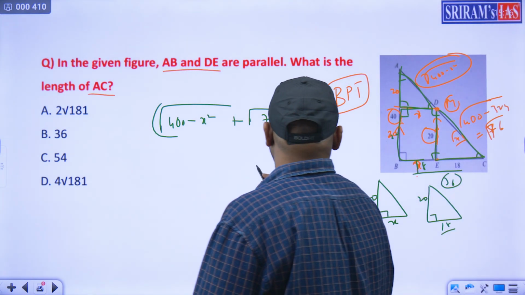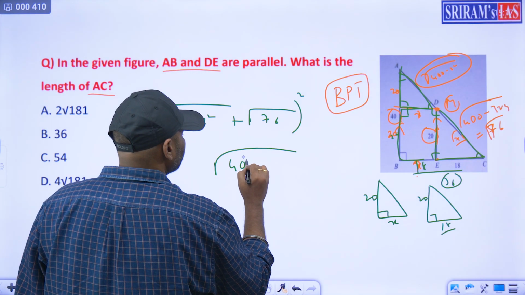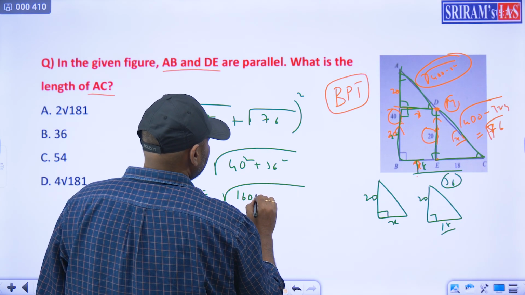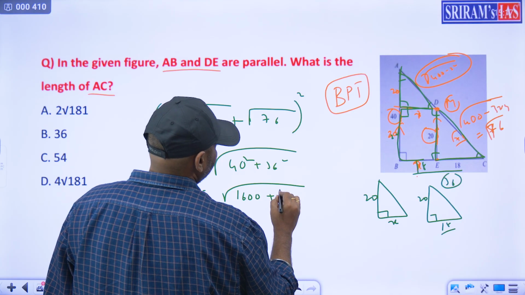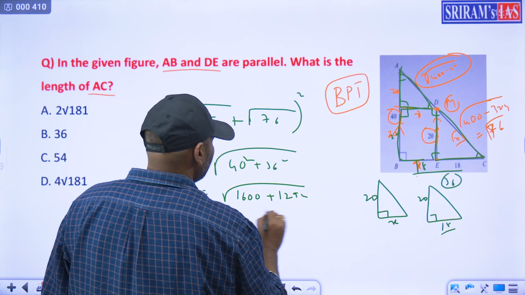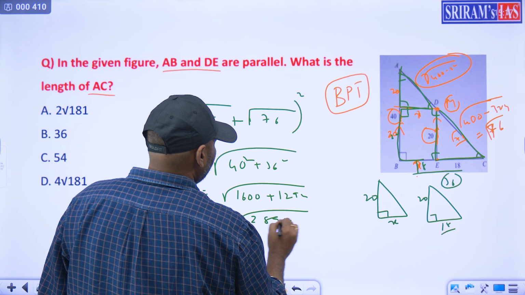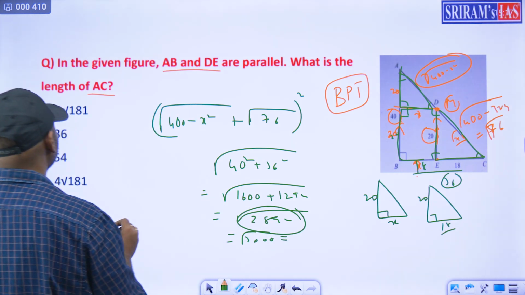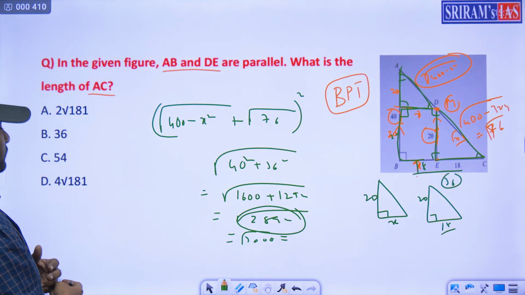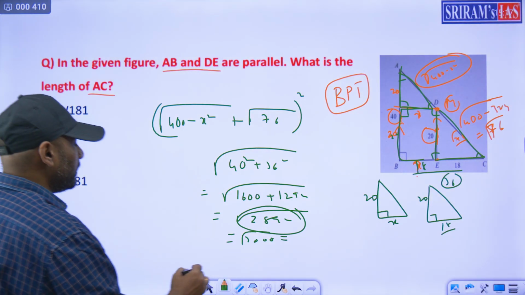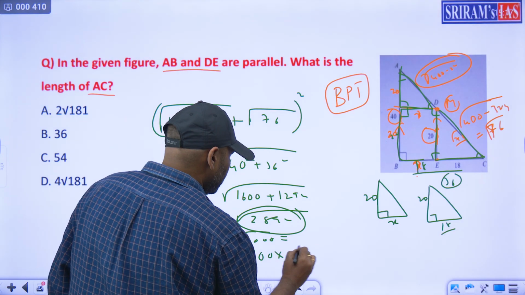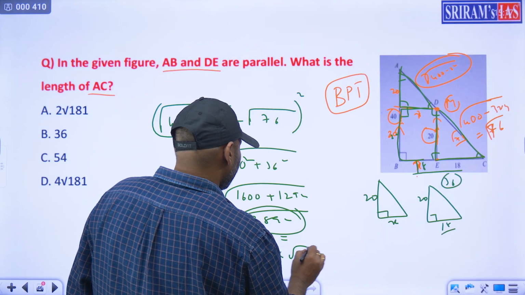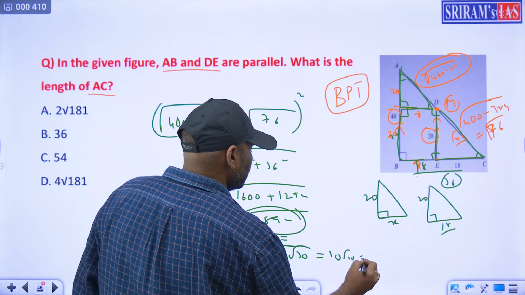So the overall analysis is going to be root of 40 square plus 36 square, which is nothing but root of 1600 plus 1296, root of 2896, approximately root 3000. If you observe, write this as 100 into root 30, which is nothing but approximately 10 root 30.